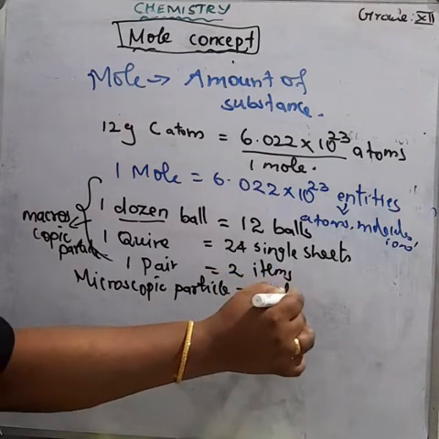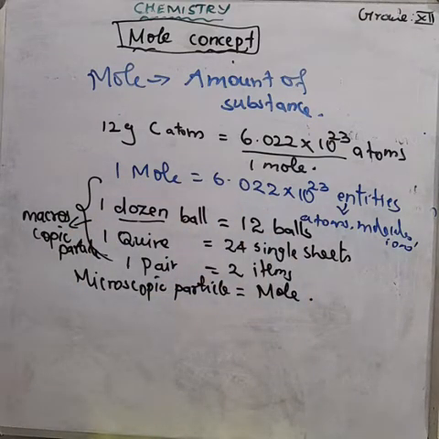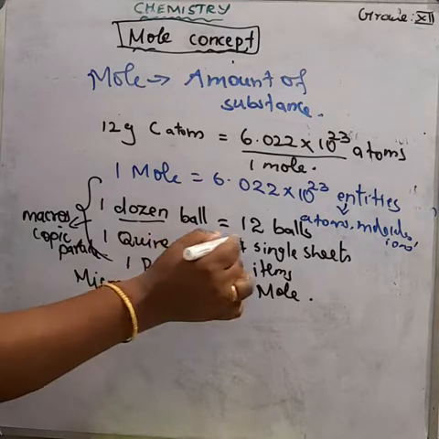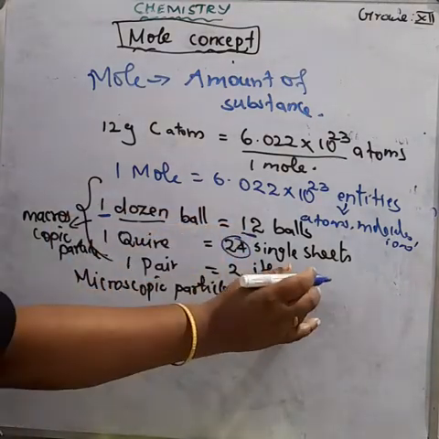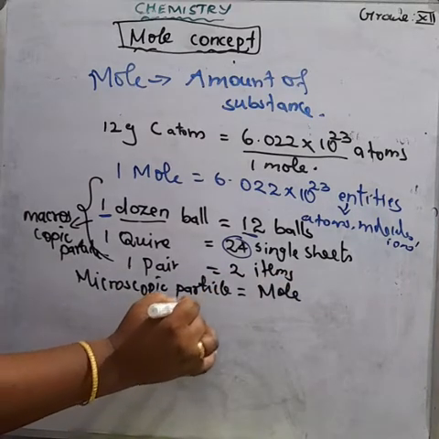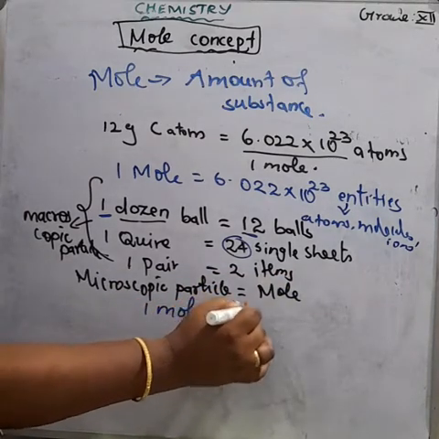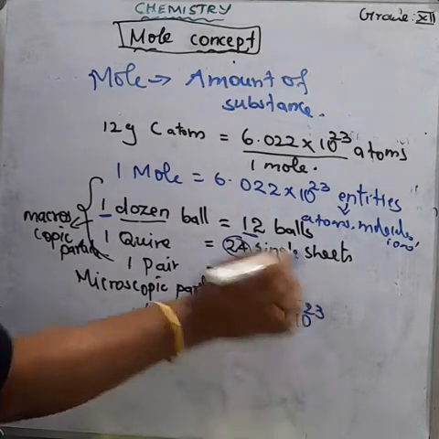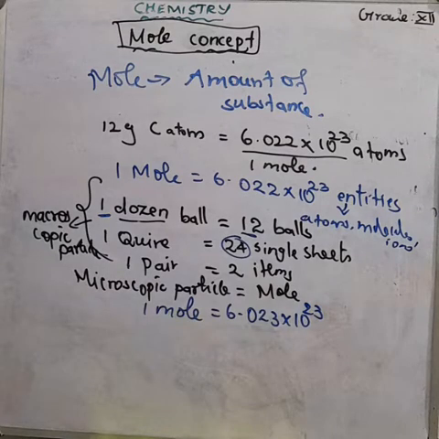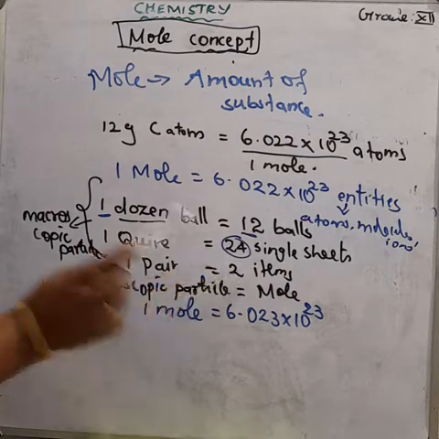So 1 dozen means 12, 1 quire means 24, and a pair means 2.